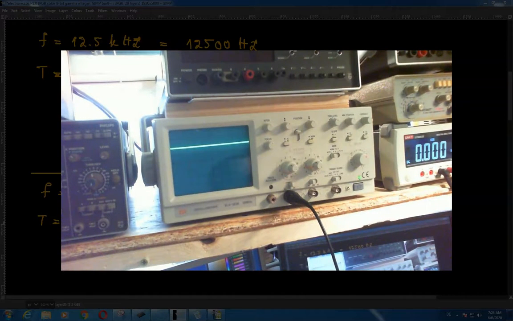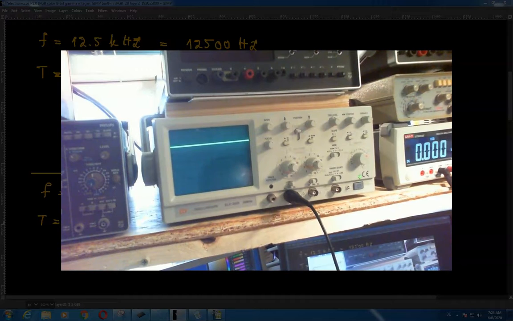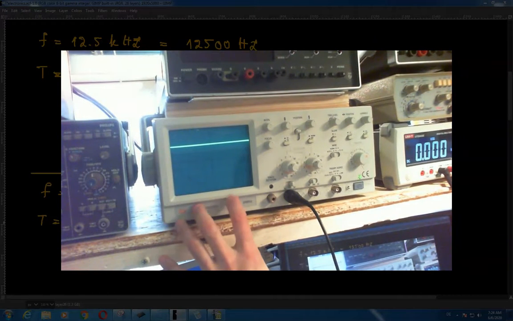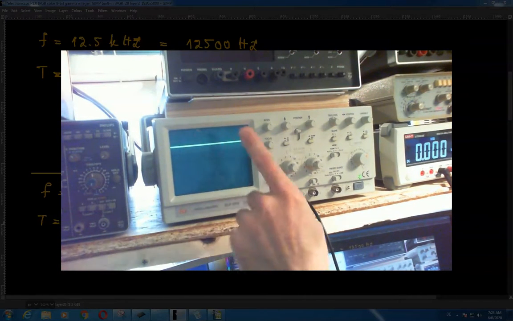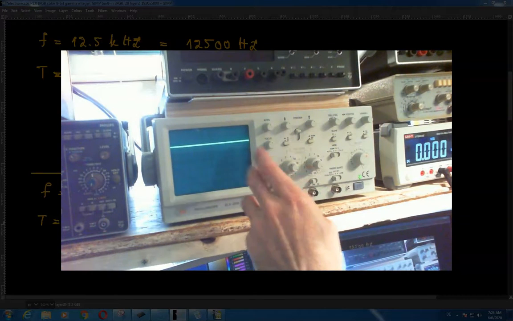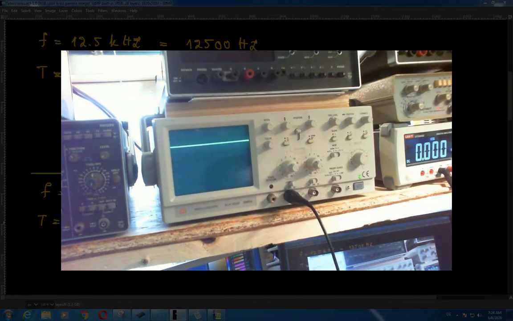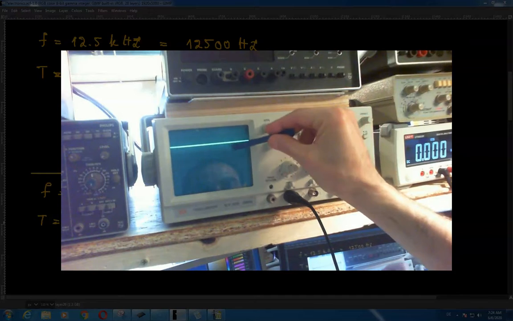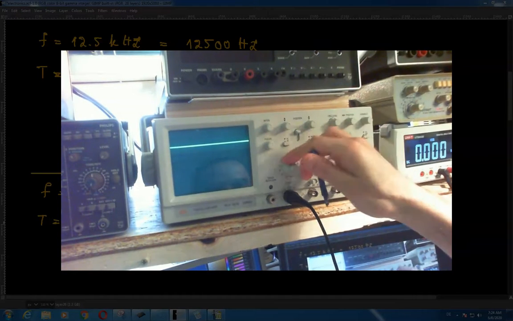Let's set this to 10 volts. 10.04 volts, and I have never actually calibrated this oscilloscope, but it's pretty accurate. It's exactly 10 volts, meaning that I have 2 divisions over here. 2 times 5 is equal to 10 volts.